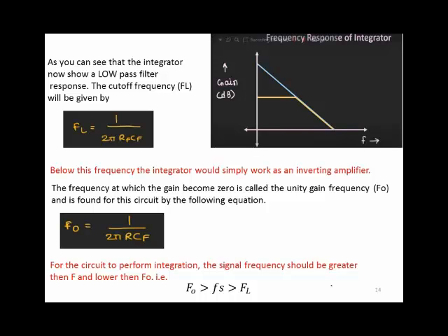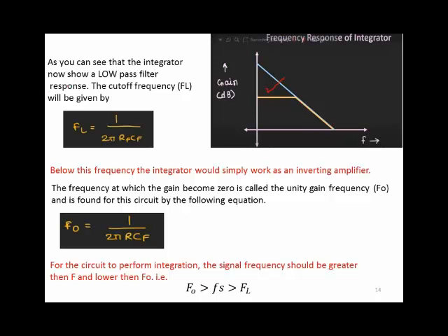Now the frequency response of the modified integrator would also be changed, and the new response of the modified circuit would look like this: it has now a finite gain at low frequencies, and as frequency is increased above a certain cutoff, the response will start decreasing at a constant rate.